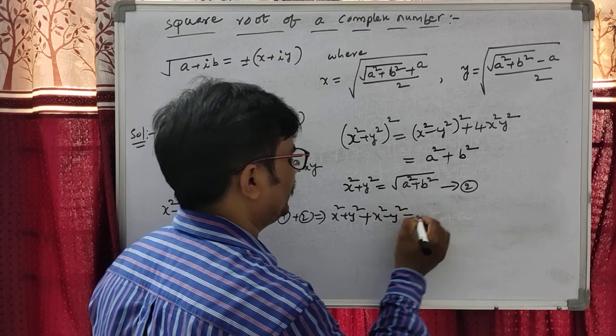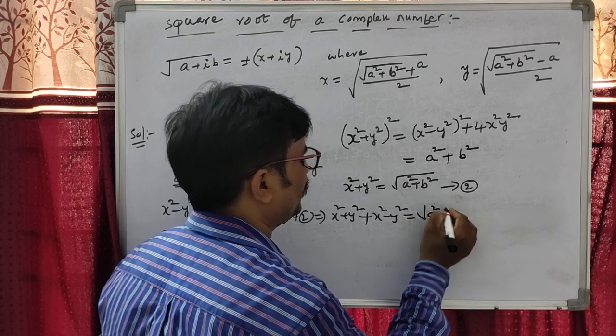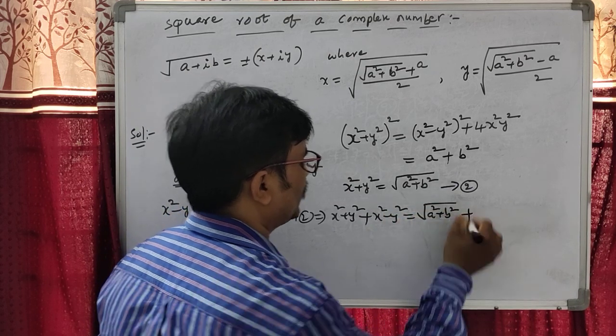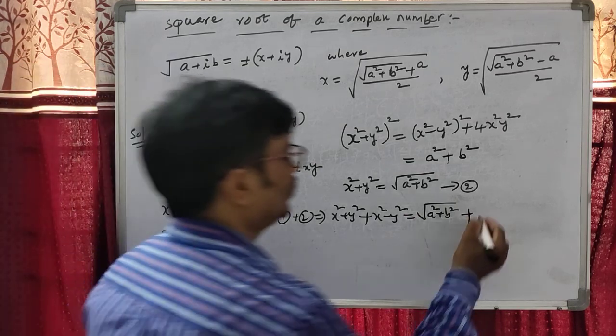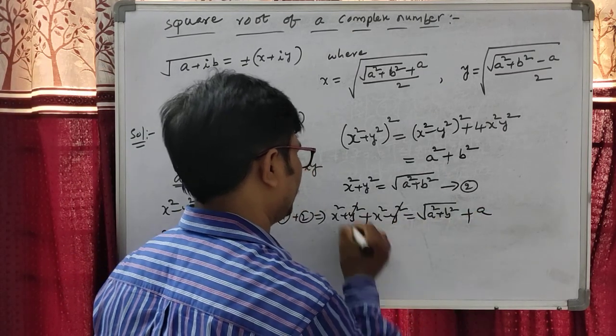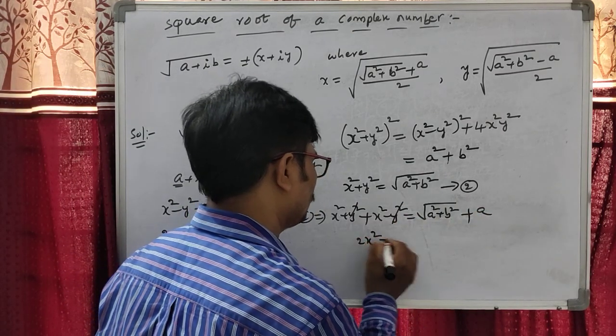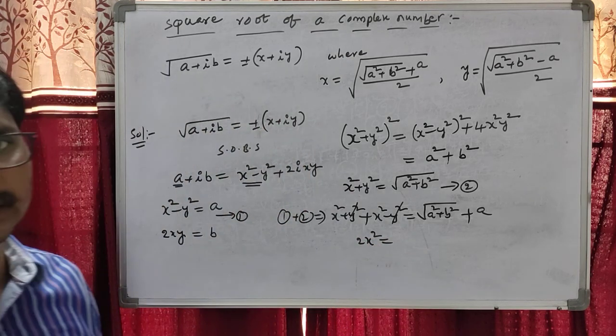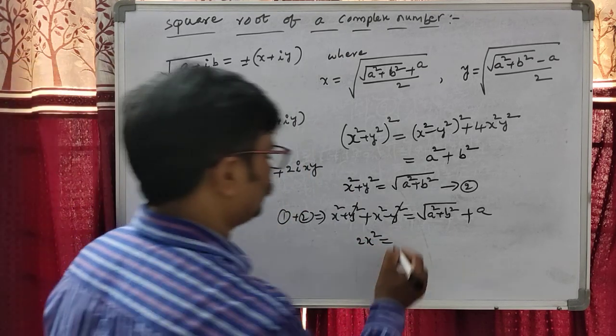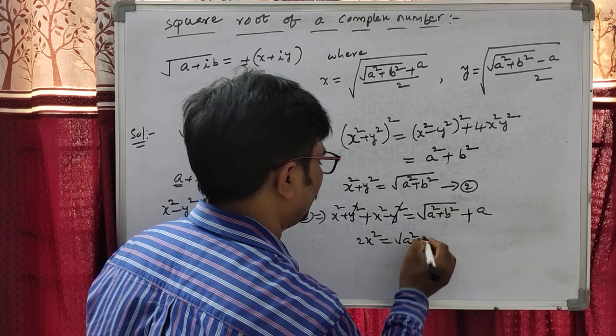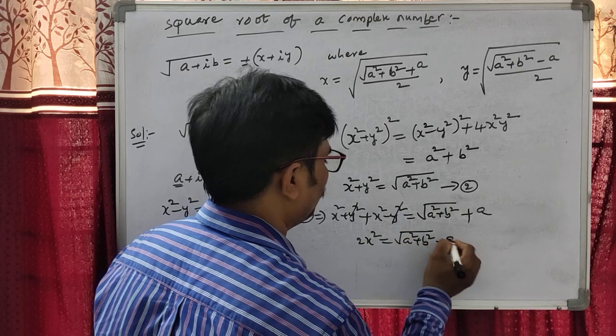My dear students, x squared plus y squared is root of a squared plus b squared, and on the right hand side there is a. Now these two cancel. 2x squared equals root of a squared plus b squared plus a.